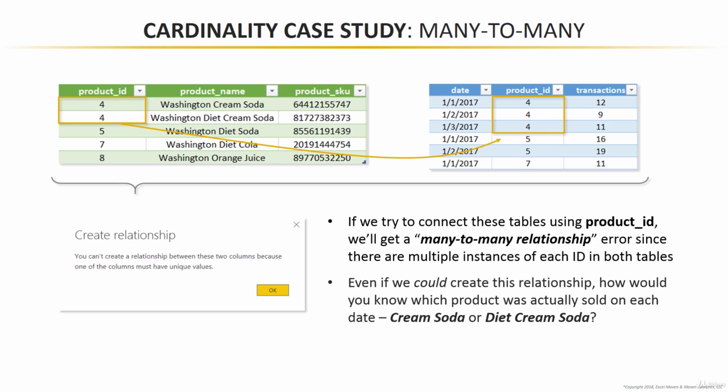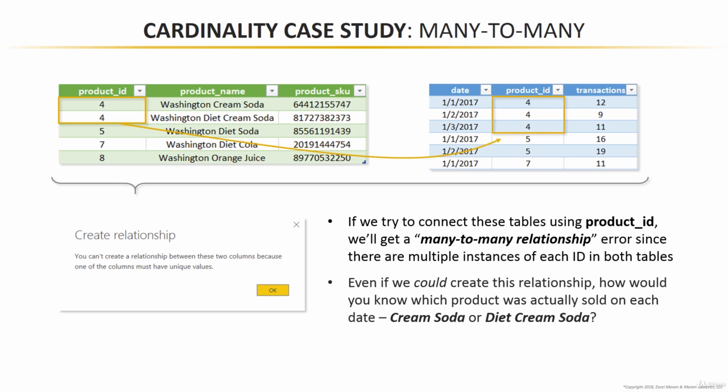So now let's take a minute and step back and really think about this for a second. Even if we had some magical way to force this relationship to stick, it really just doesn't make sense logically. So we know that product number 4 was sold 12 times on January 1st, 9 times on the 2nd, 11 times on the 3rd.